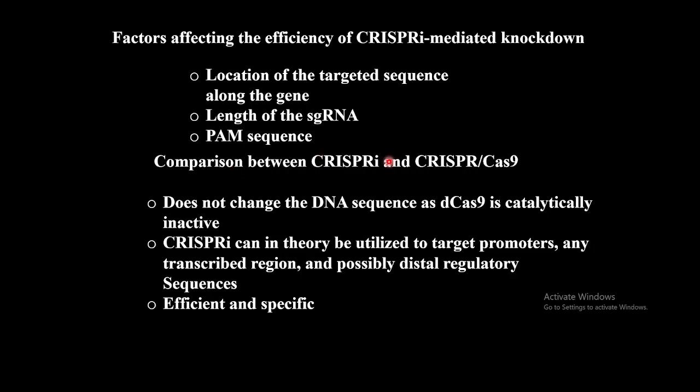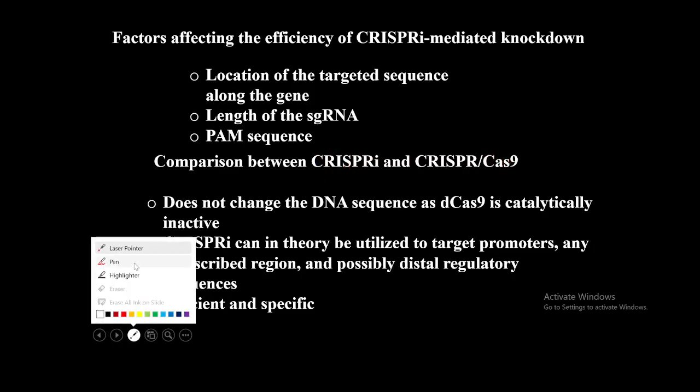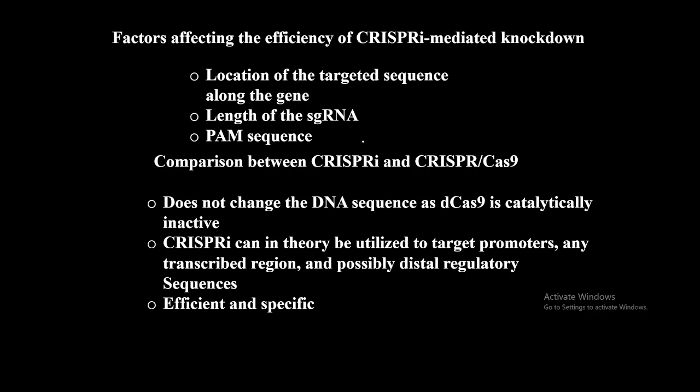So what is the difference between CRISPRi and CRISPR-Cas9? In CRISPRi, the major difference is that instead of Cas9, you are using dCas9, which is the dead Cas9. What happened in the dead Cas9? Both of the nuclease domains are mutated.